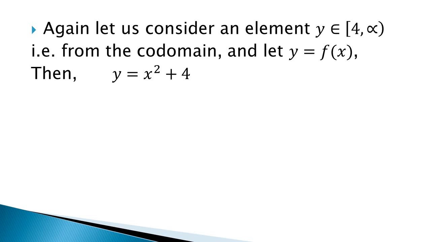Now, as we have done in earlier problems, we try to express x as a function of y, and that will give us x equal to root over y minus 4. That negative sign is not considered, as I told you x is a non-negative quantity, therefore only the positive square root will be considered here.